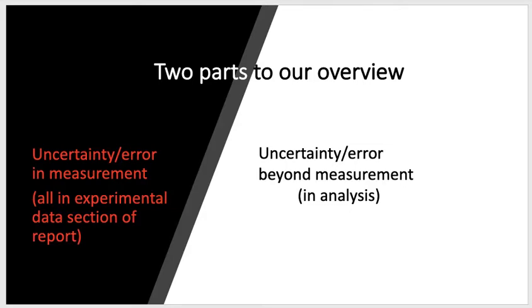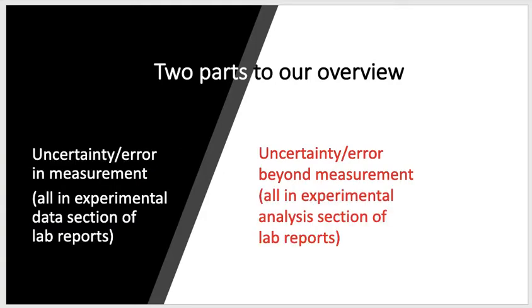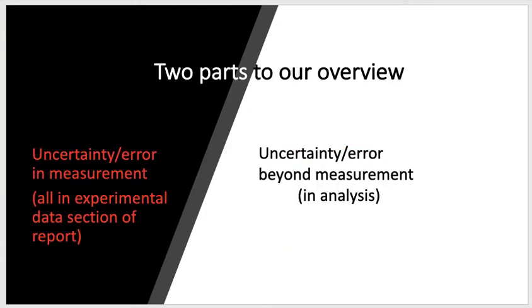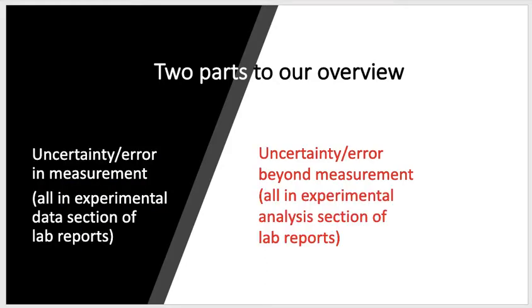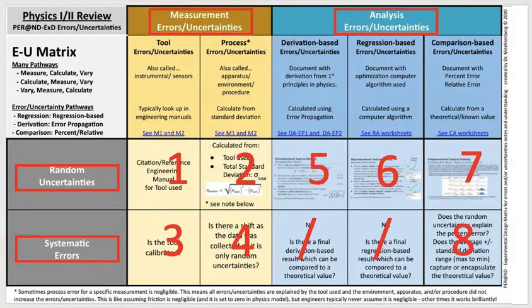We're going to move on now to talk about uncertainty error beyond the management, the preservation of error, and all of that will go in the experimental analysis section of your lab reports. This is not a hard categorization to retain, but I can tell you that some of you are not yet retaining it. So this is an accounting deal. Please just internalize it and follow this rule about which parts of reporting on uncertainty go in which sections of your lab reports. So let's move on then to uncertainty error in analysis.